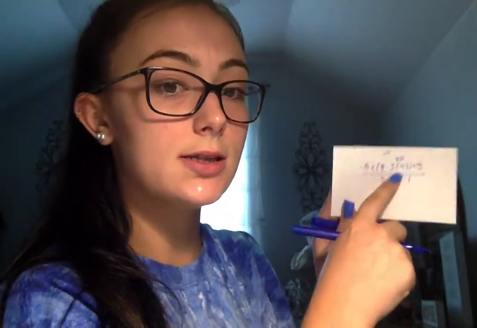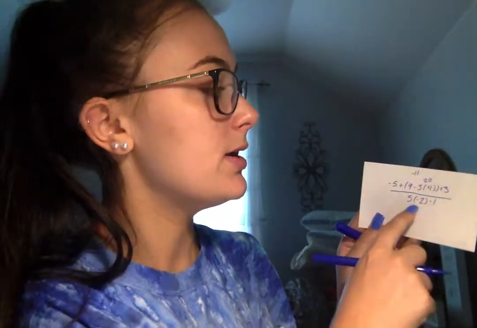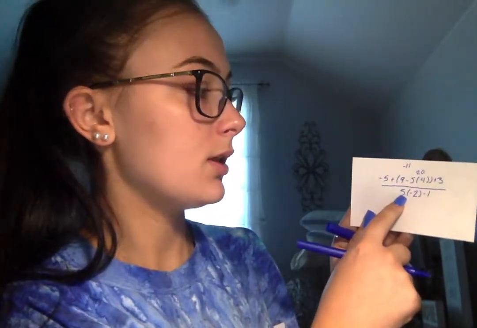And then since you've done all of the order of operations inside of this parentheses, you're going to go down here and solve for this parentheses, even though it is multiplying. So you're going to do 5 times negative 2, and that's going to be negative 10. So now you have solved inside this parentheses, and you've solved for this parentheses, the negative 2.